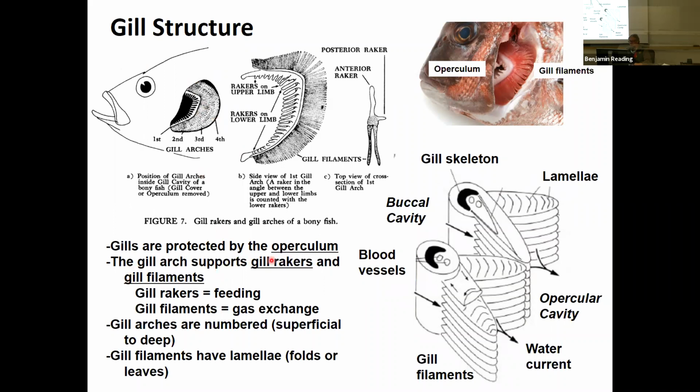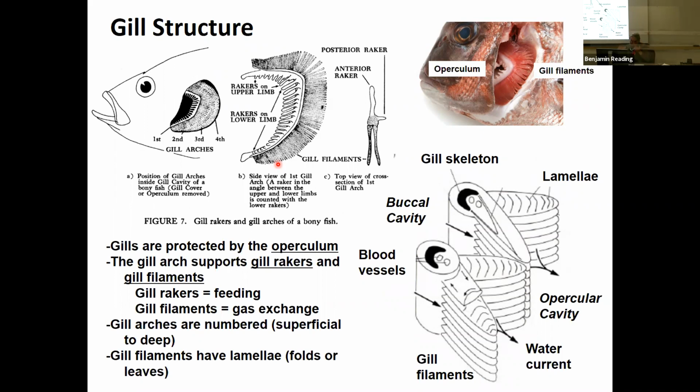The gill arch supports what are called gill rakers, which are these hard, spiky, bony looking things. And then the gill filaments. And I talked in the very beginning of this class about how the original gills that were developed in the earliest animals, these filter feeding sessile animals, had these external gills that fed on stuff.